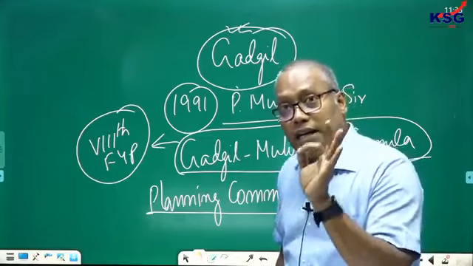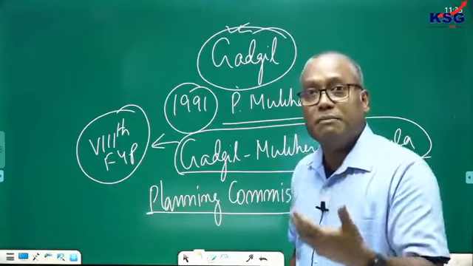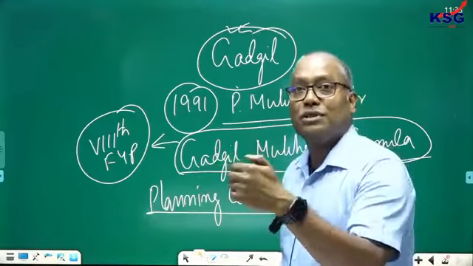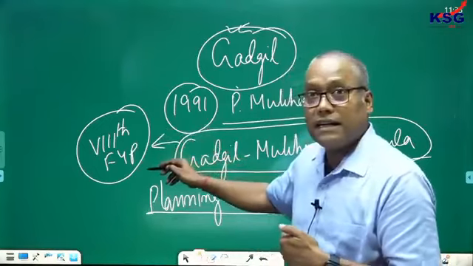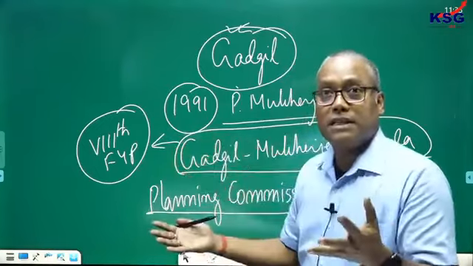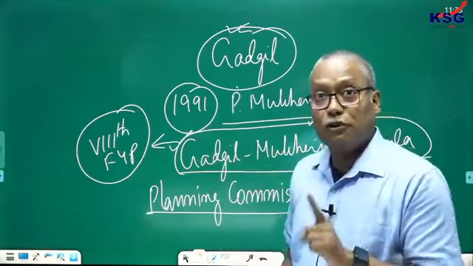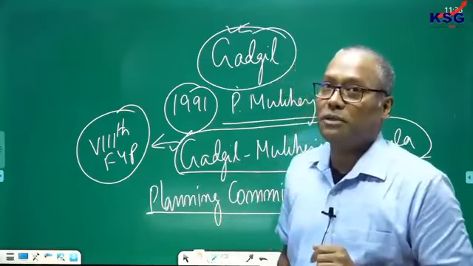And that 8th 5-year plan is the first plan where we implemented the LPG model, and it was more inclined towards the capitalist pattern of development. At that time the funds were allotted among the states on the basis of the Gadgil-Mukherjee formula, and this formula continued till the 12th 5-year plan.